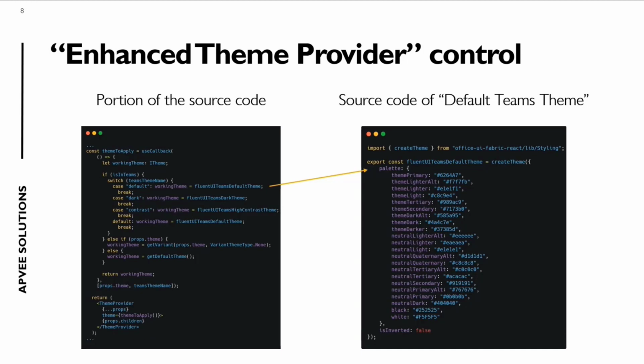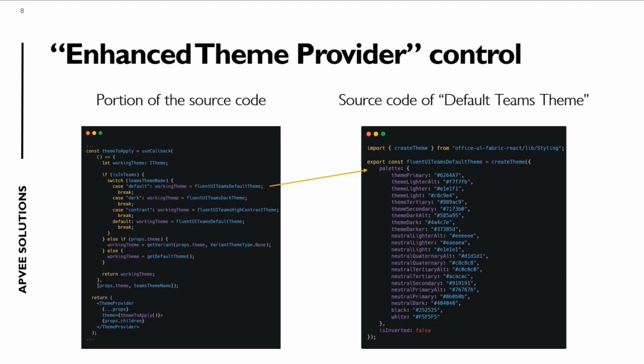This is a portion of the code. It's simple, but by using the context, we are able to understand if the control is hosted inside Teams or not. And in case it's hosted inside Teams, we are able to understand what the theme applied is. And in this case, we are able to take the implementation of the Fluent UI theme for the specific theme.